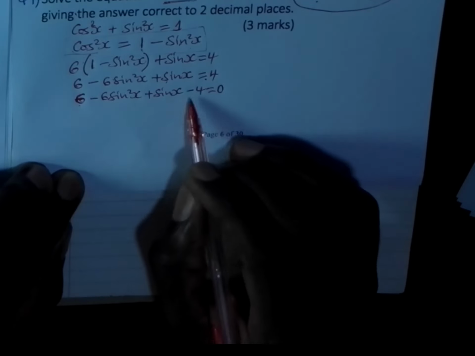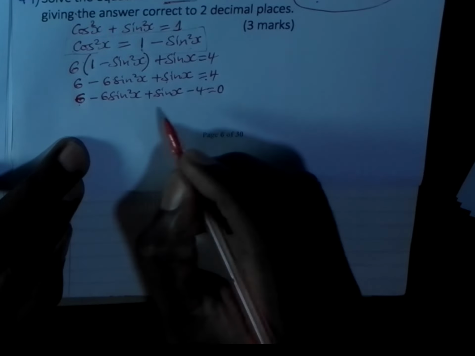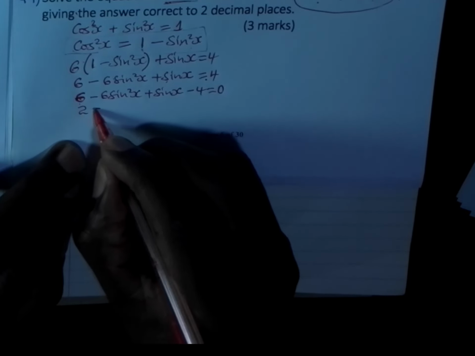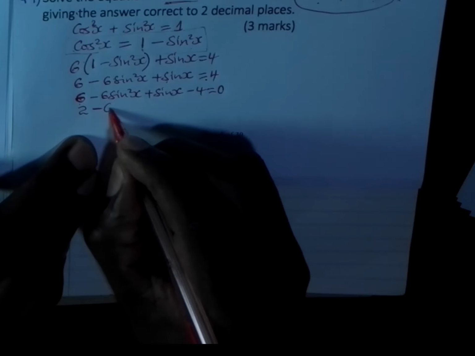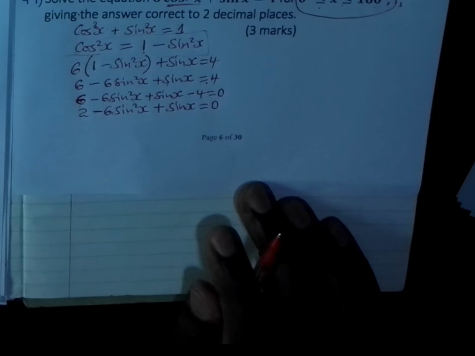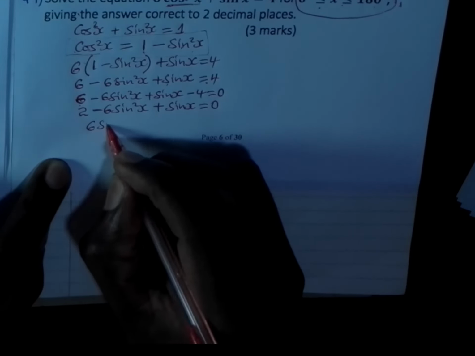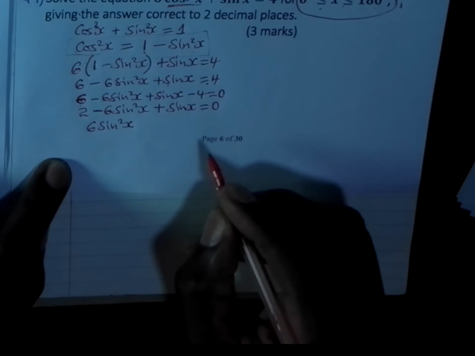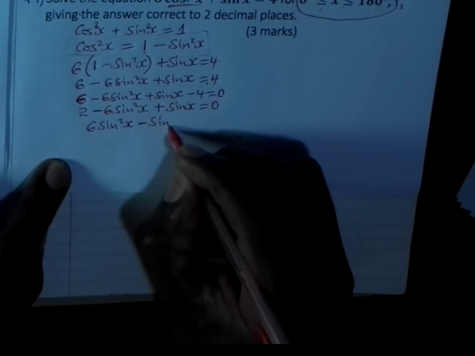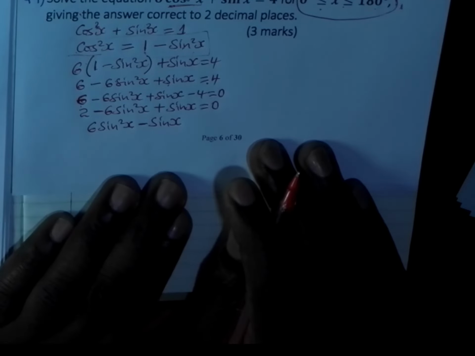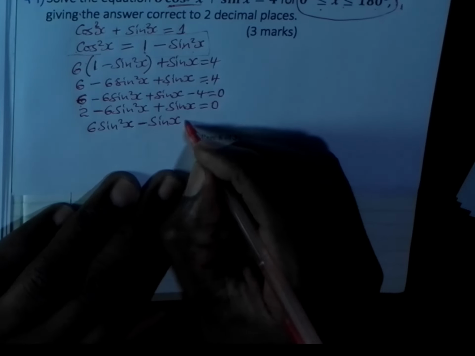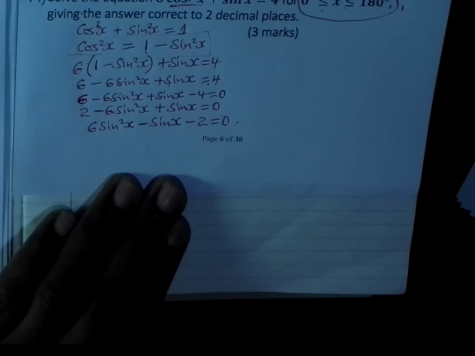So 6 minus 4, we have 2. Then minus 6 sine squared x plus sine x is equal to 0. We can rearrange it such that we have 6 sine squared x minus sine x minus 2 will be equal to 0.